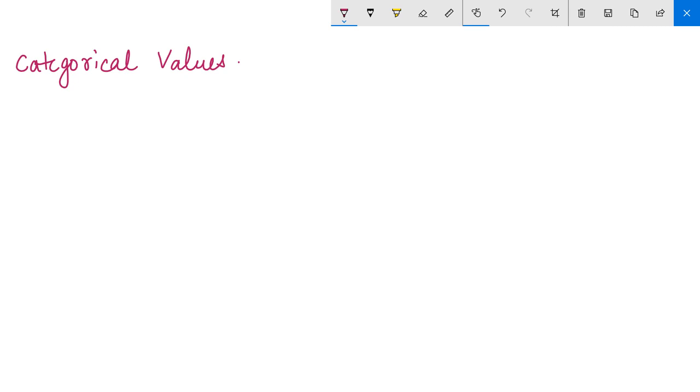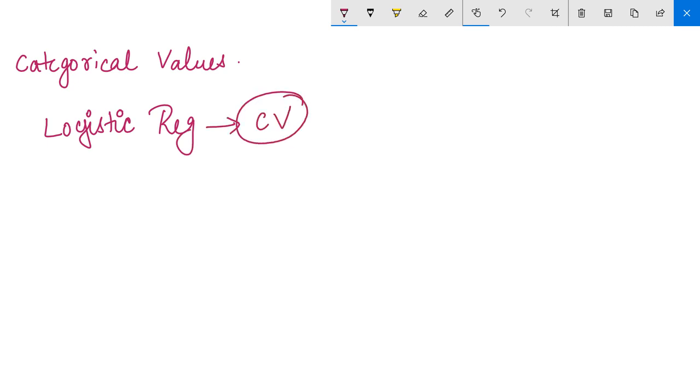In your logistic regression, if there are categorical values, what we do, we apply one hot. You must have seen in the project which I have solved.